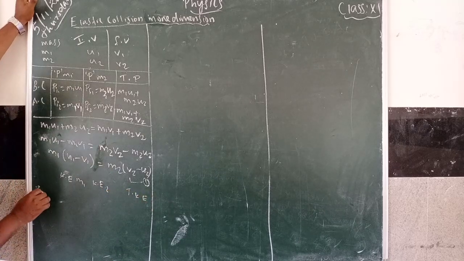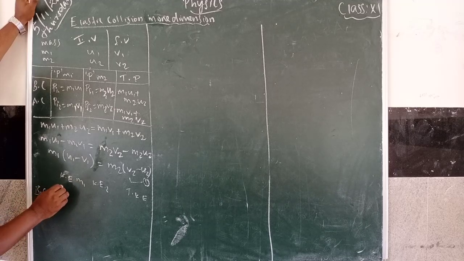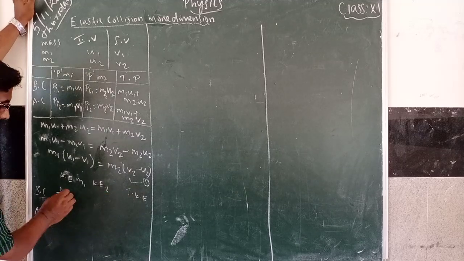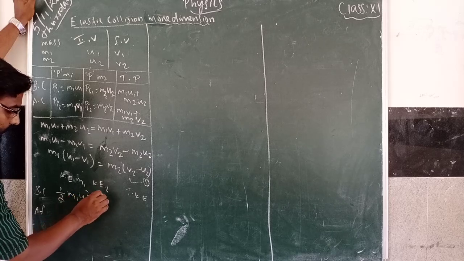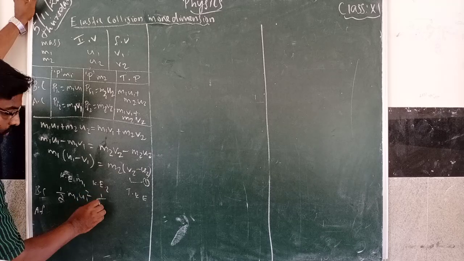Before collision you get half m1 u1 square for mass m1 and half m2 u2 square for mass m2.